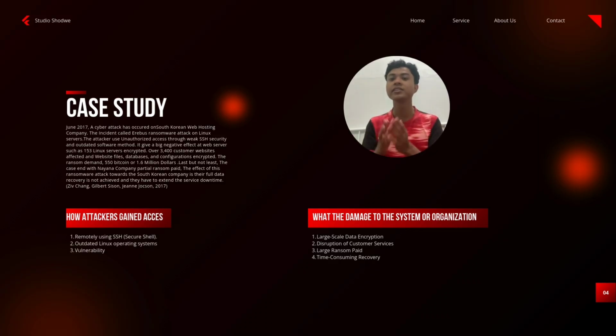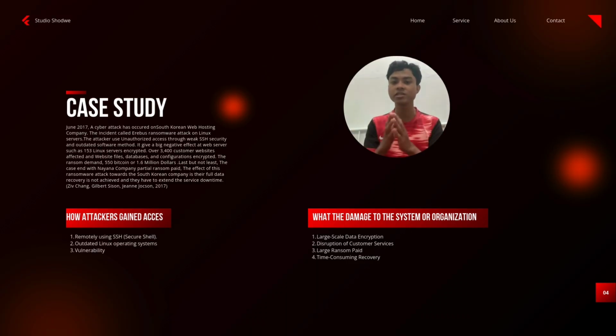After that, the attackers demanded a ransom in Bitcoin. Nayana ended up paying a large amount of money, but even then, they couldn't recover all their data. The recovery process took a long time, and services were disrupted for weeks.